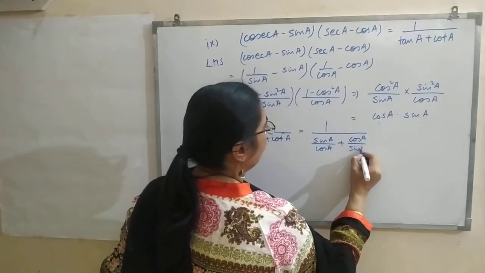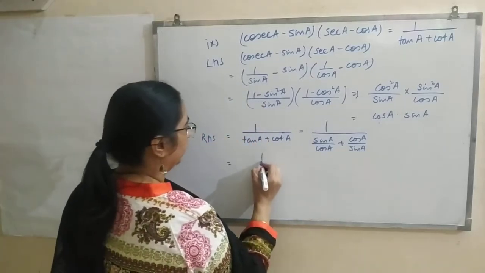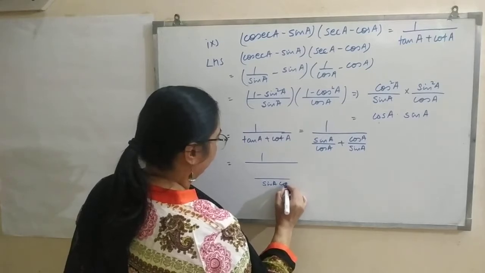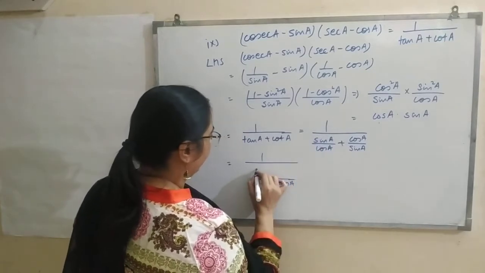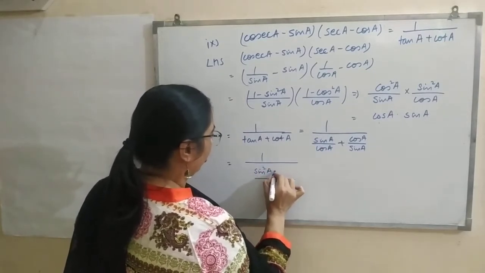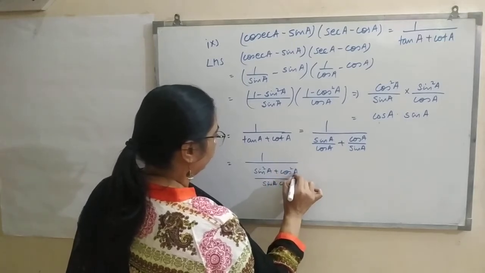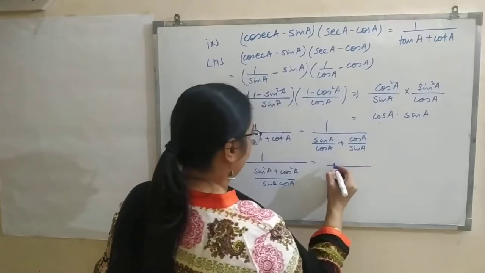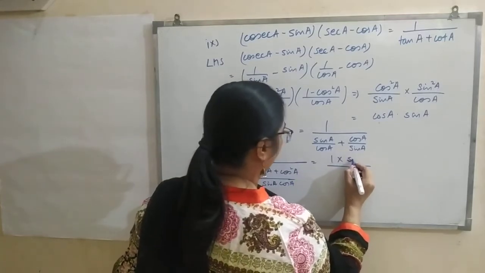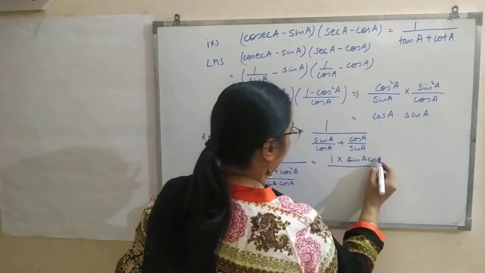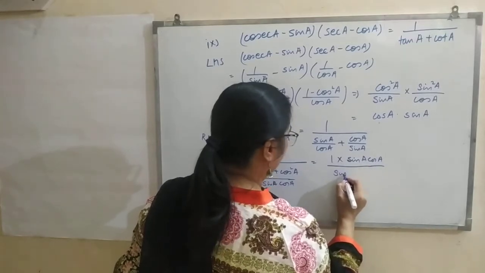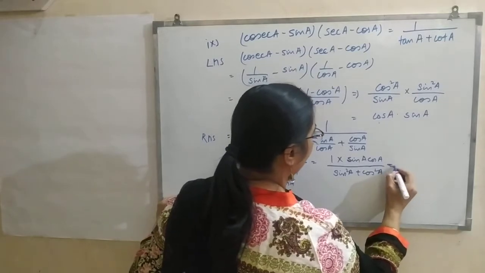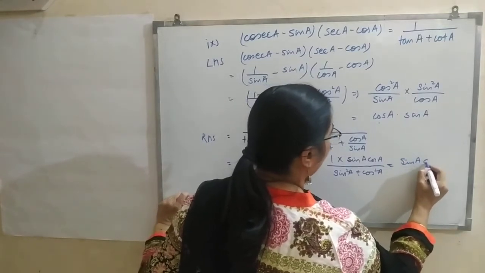If I take the LCM in the denominator, I have sin A cos A, and here sin square A plus cos square A. Then when I take the reciprocal again, it becomes 1 into sin A cos A upon sin square A plus cos square A. And sin square A plus cos square A is the identity, so I am left with sin A cos A.